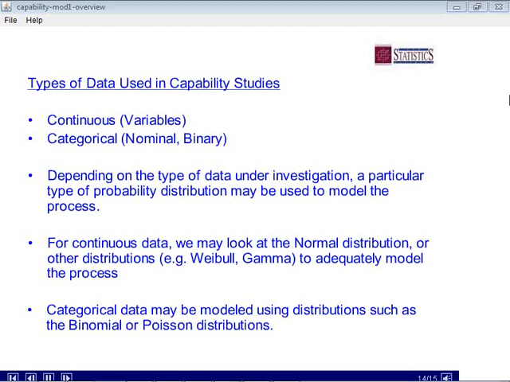If it doesn't, then it would be appropriate for us perhaps to consider other distributions, for example, the Weibull distribution or the gamma distribution. Of course, all of this is going to be discussed in detail in the module that is assessing non-normal data. For categorical data, it may be appropriate for us to model it using distributions like the binomial distribution or the Poisson distribution. And again, we'll be addressing that in a later module.